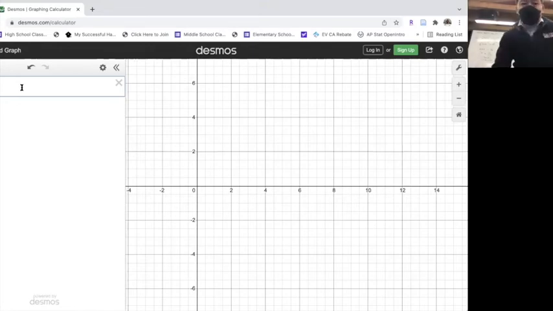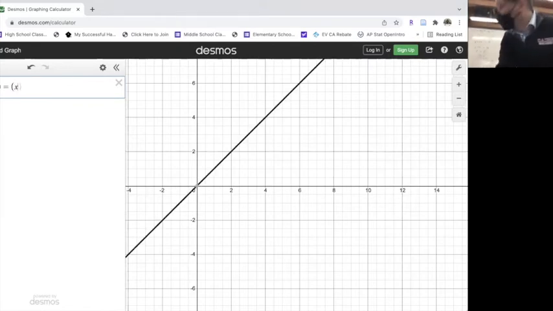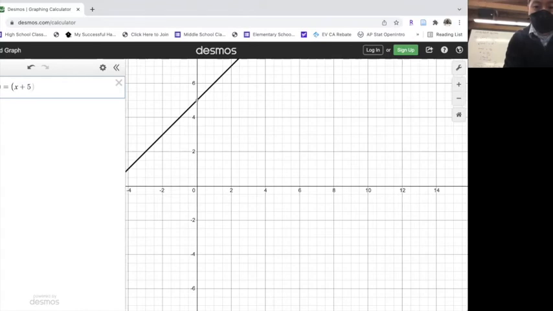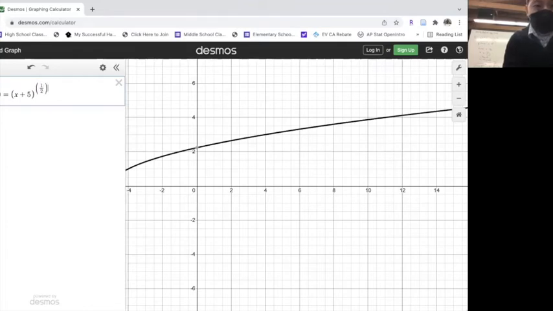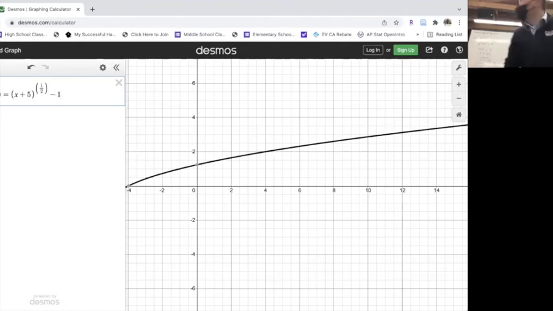So I can say f of x equal to (x plus 5) to the 1/2, minus 1.